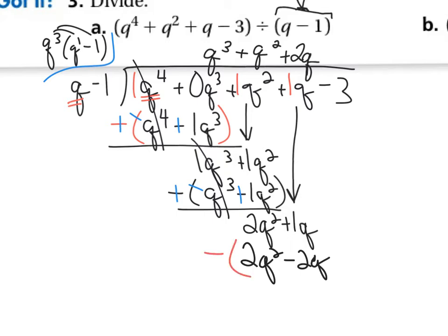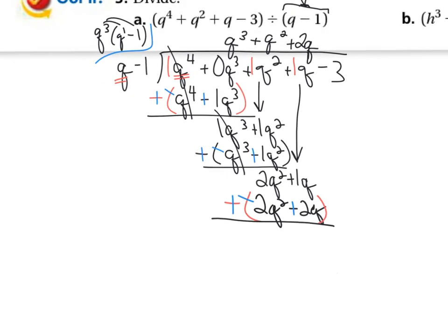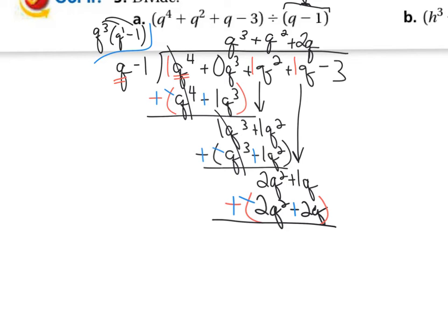And then remember, we're going to subtract that. So add the opposites. The first terms cancel, and then we've got 3q, and we bring down minus 3.